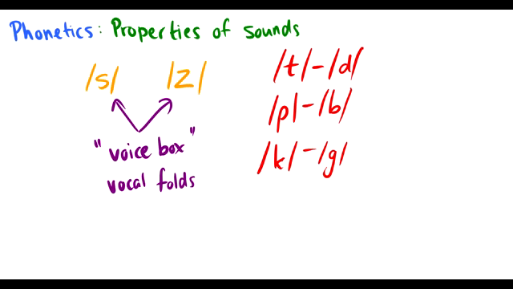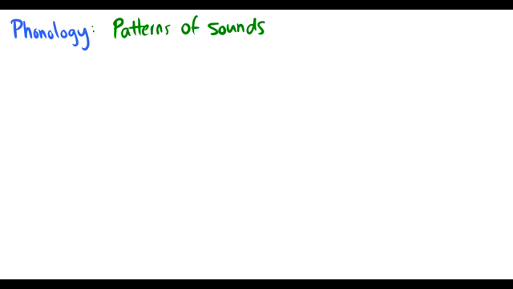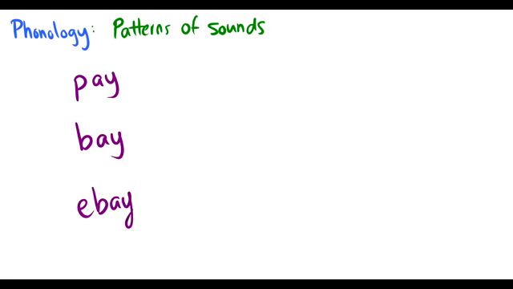Then, in our last topic, we'll move on to phonology, and these are patterns of sounds. So I'm going to write out 3 words here. The words are pay, bay, and eBay. Now, let's take a look at the B's and the P's.